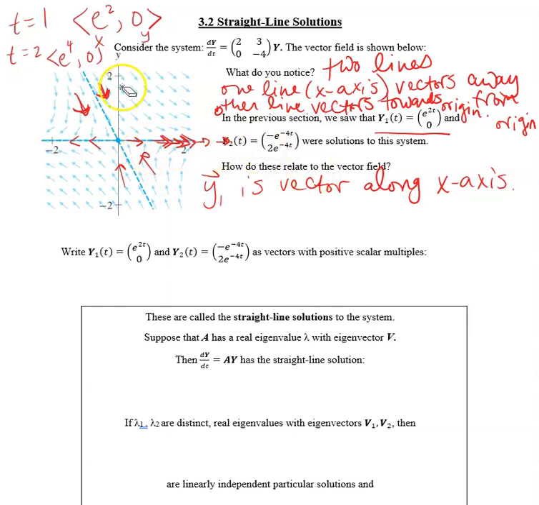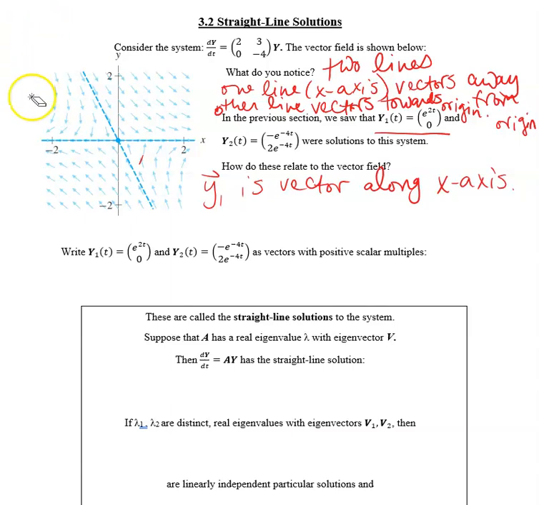Now the second solution is a little harder to see right away, but it follows a similar pattern, because it represents a vector along this diagonal line.